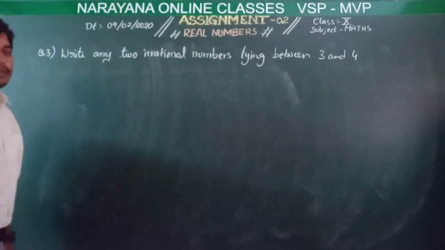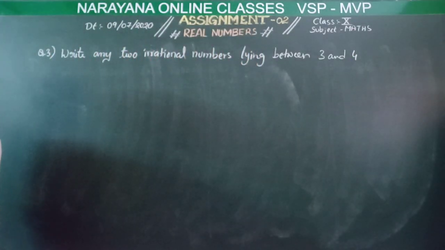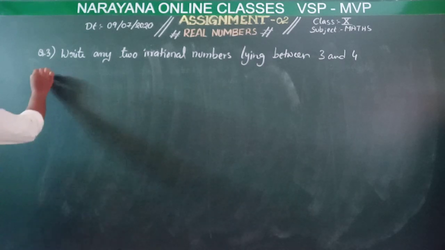See, or write any two irrational numbers between 3 and 4.